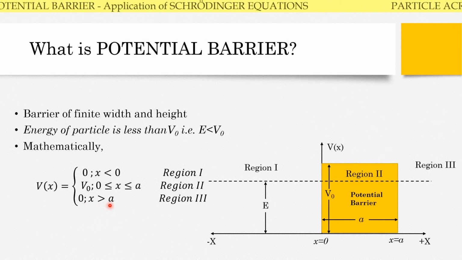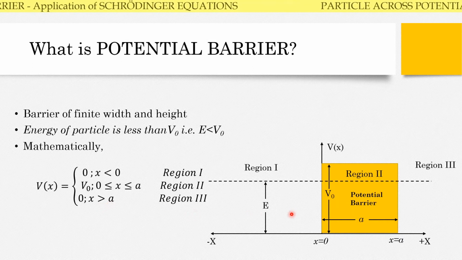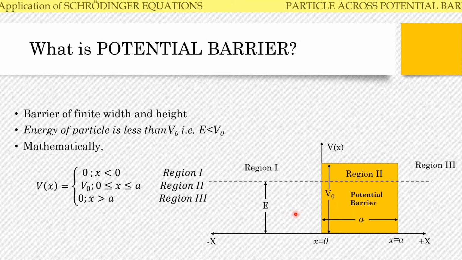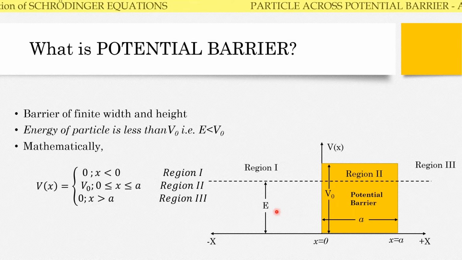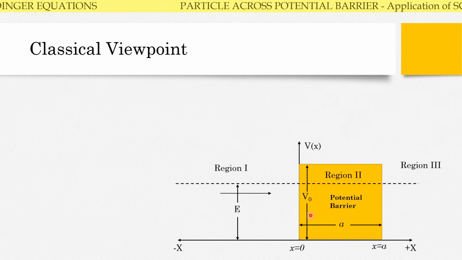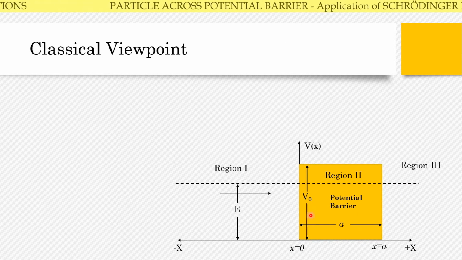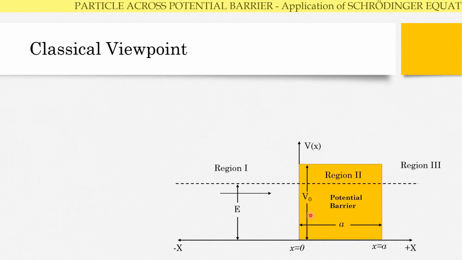So this is the problem of potential barrier, and we have to solve it for studying the motion of the particle, the behavior of the particle. So let us first see what the classical mechanics has to say about this situation.